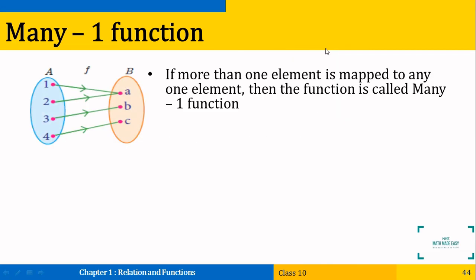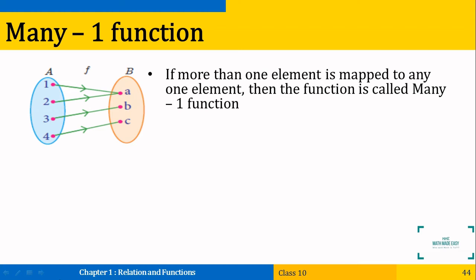Let us see many-to-one function now. If more than one element is mapped to any one element, then the function is called a many-to-one function, right. So, we just now saw a one-to-one function. If we want to convert this one-to-one function to a many-to-one function, we need to find at least one element in the domain which is mapped to the same element in the codomain that is mapped by another element in the domain.